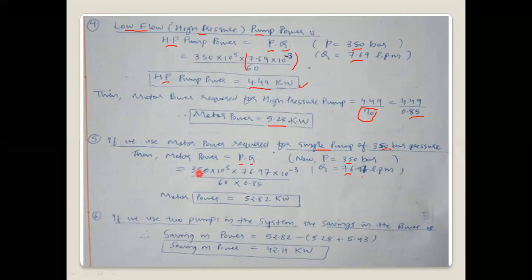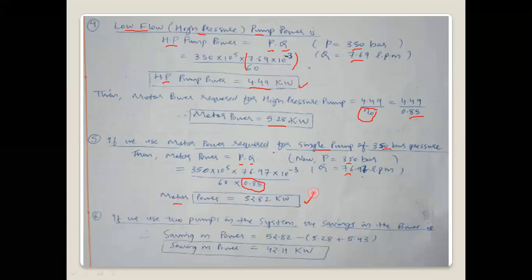So calculate 350 into 10 raised to 5 into 76.97 into 10 raised to minus 3 by 60, and again divide by 0.85. Then the motor power will be 52.82 kilowatt.